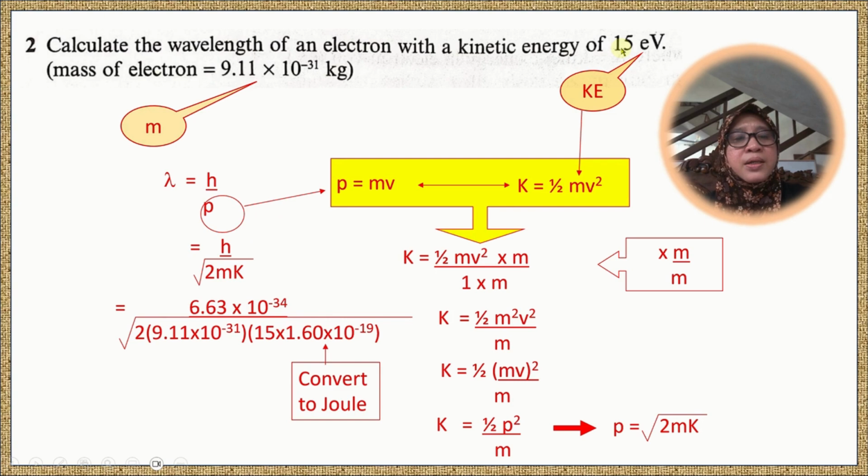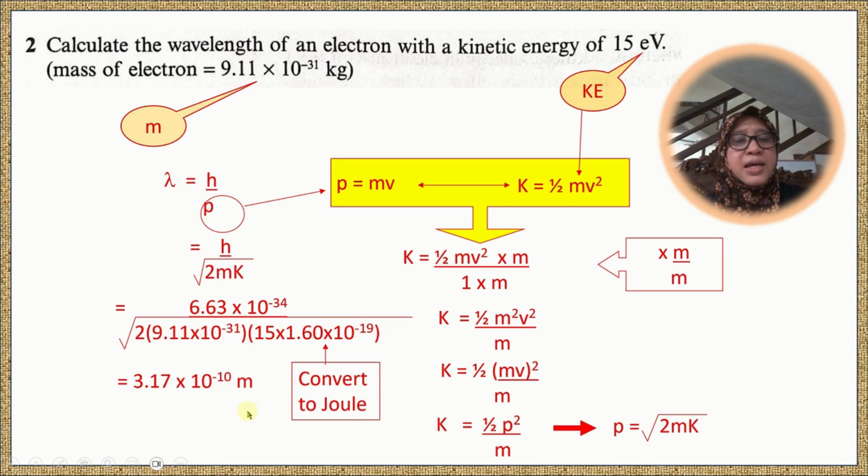Kinetic energy is 15 electron volt, which we need to convert to the SI unit, joule, so we multiply by 1.6 times 10 to the power of negative 19. The rest are all in SI units, the Planck constant and the mass of the electron. And we get the answer: the wavelength is 3.17 times 10 to the power of negative 10 meter.